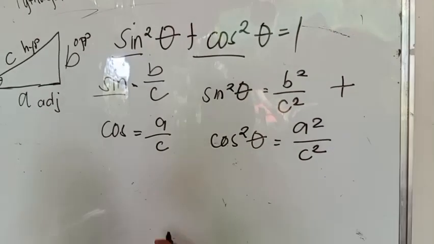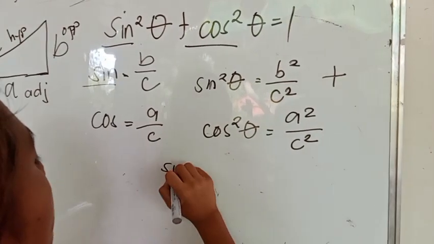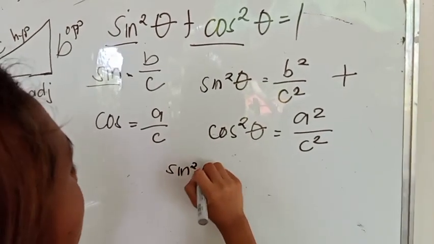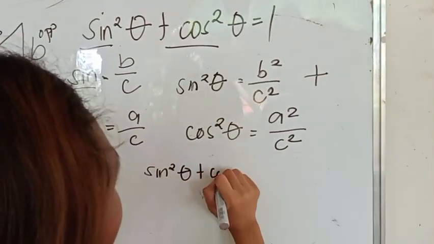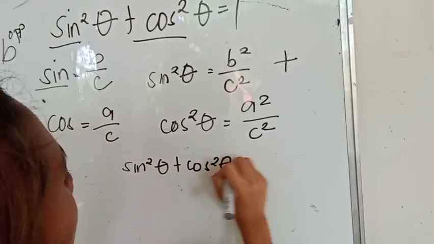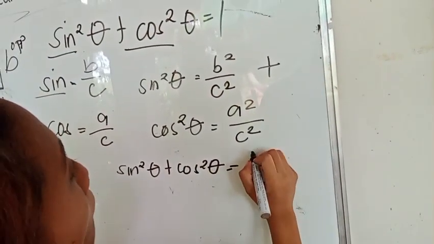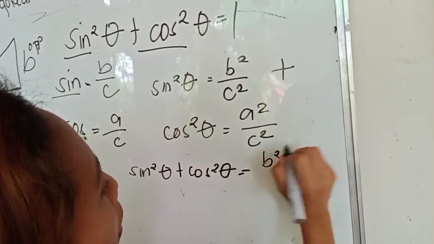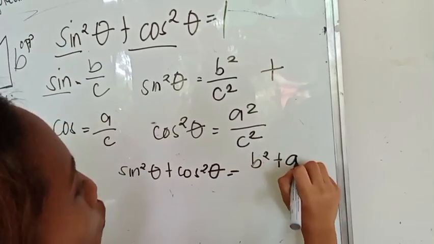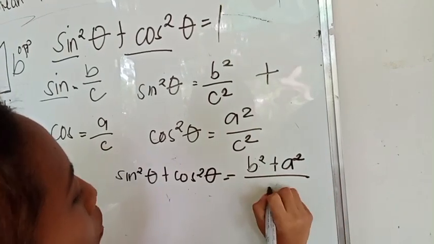Then we will rewrite the expression: sine squared theta plus cosine squared theta is equal to b squared plus a squared over c squared.